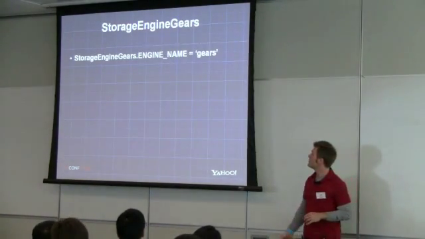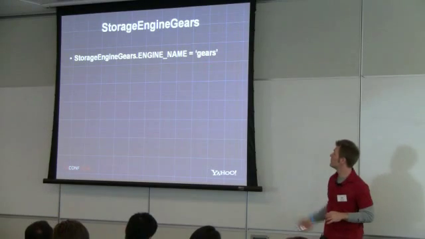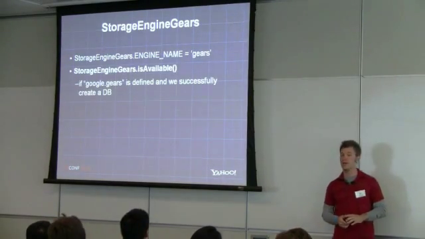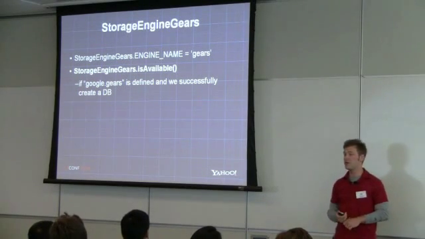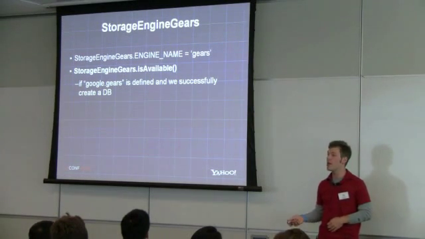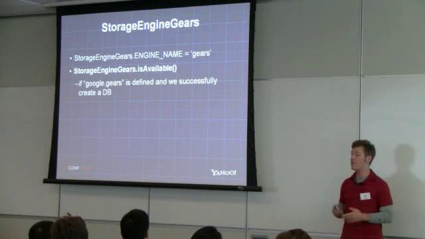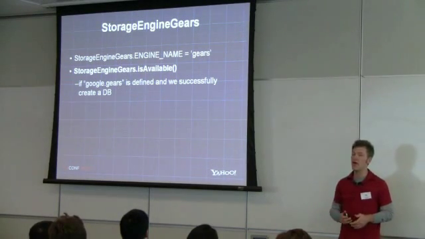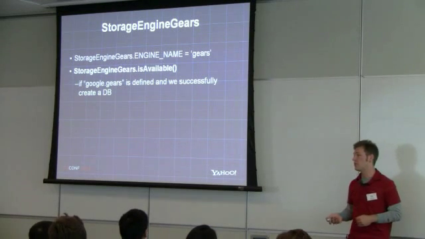So the Gears engine, we've just named it Gears. Its isAvailable function is a little bit more complicated. The first thing we need to do is see if the Gears namespace exists. This happens if you include the Gears init function or file, and that file finds the Gears API. The second thing we need to do is write to the MySQLite database.